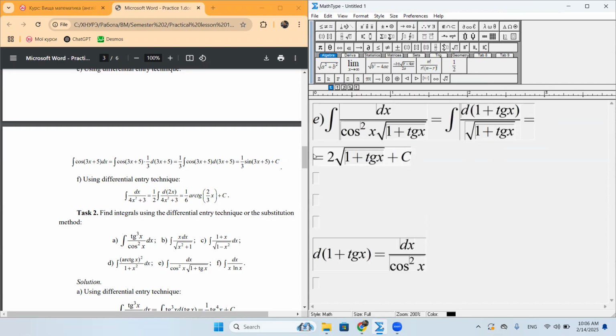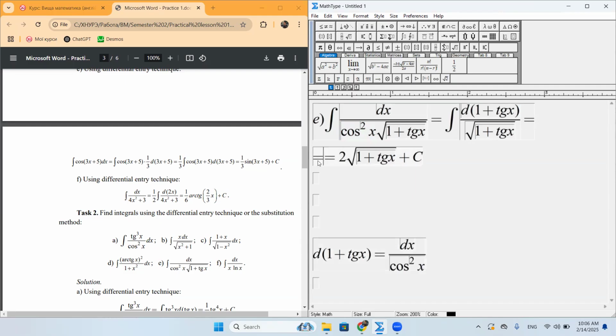Sorry, can you explain once again the idea of this method? Because I am a bit confused. So we cancel this d and the sign of integral, and then we have a simple example. Yes. Something like this.